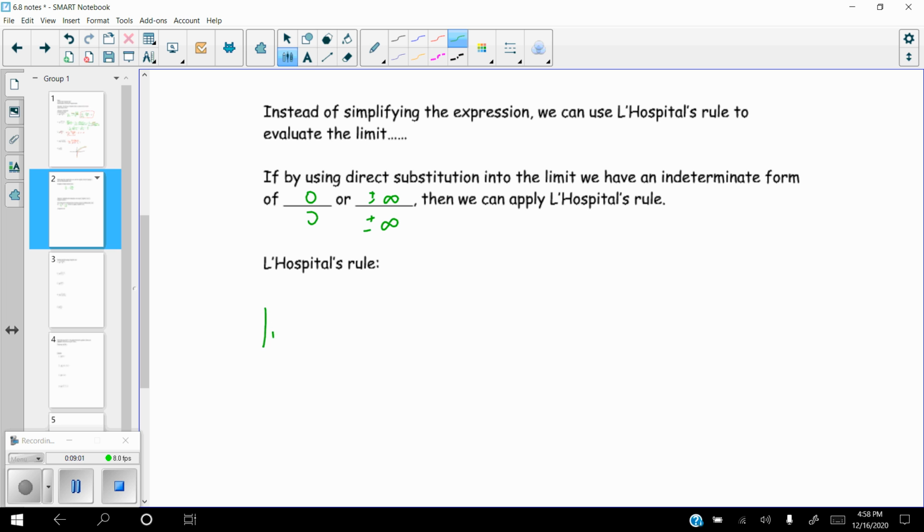So L'Hopital's rule says if I take the limit as x approaches some value, we'll call it b for now, of f of x divided by g of x, and we get one of those 2 indeterminate forms, it's the same thing as saying I'm going to take the limit as x approaches b of f prime of x over g prime of x, and then reevaluating the limit.